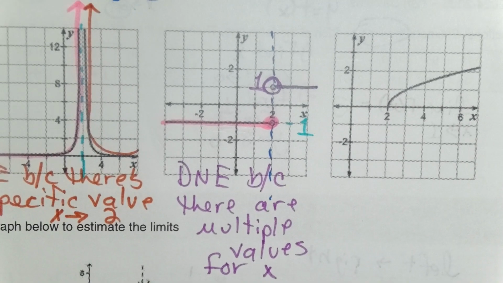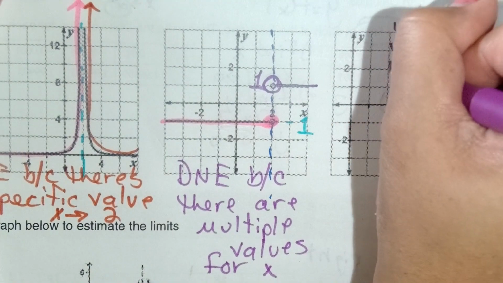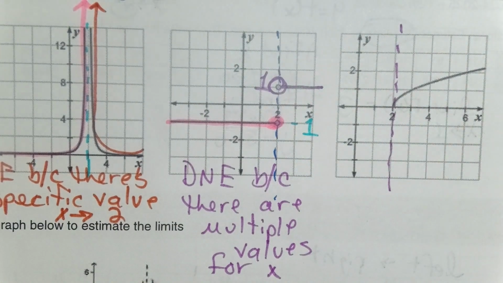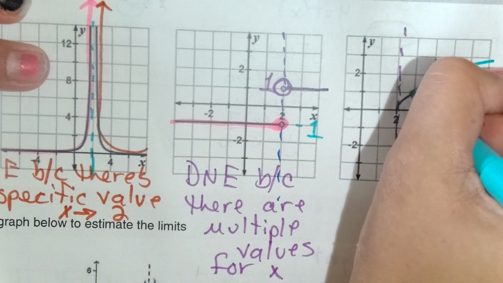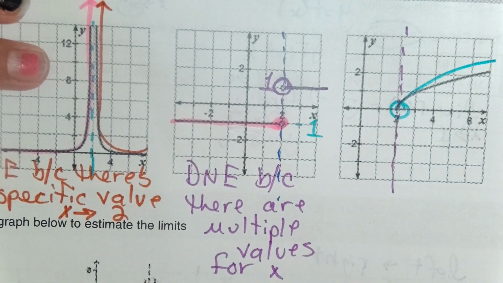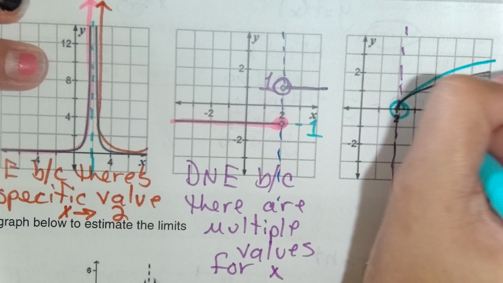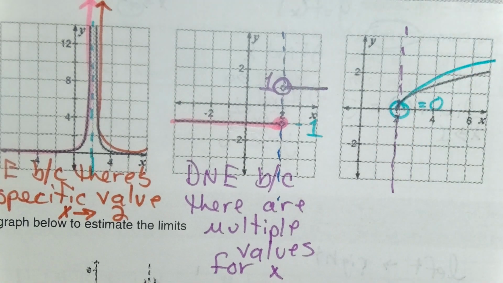All right, last one. Here's 2, right? We need to find the left side and the right side. Let's work with the right side because I can see your right side, right? So when I go to the right side, what is the value here? 0. So the value is 0. I'm going to cover up those so you can see.